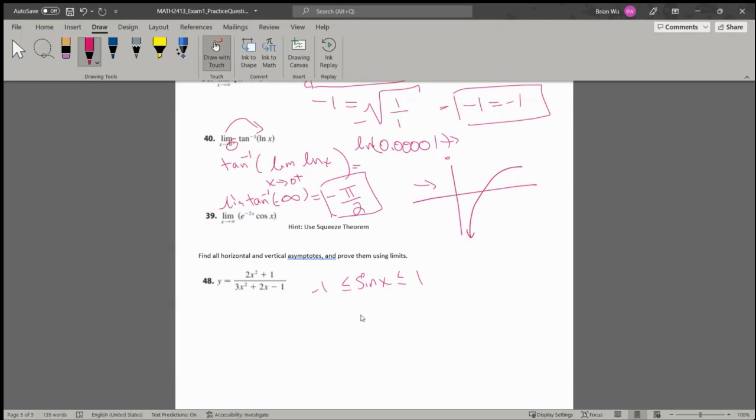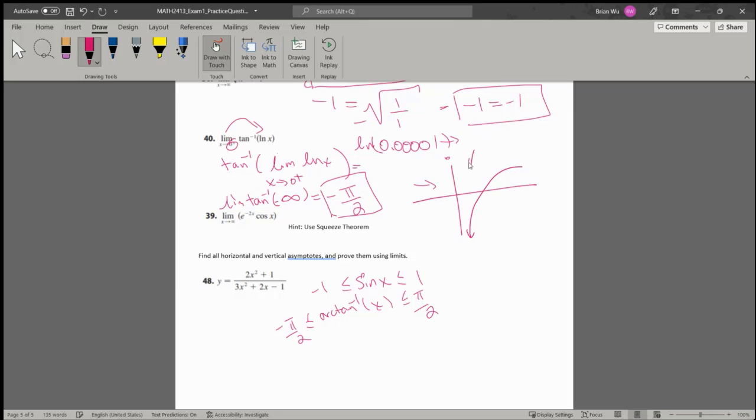I don't think you need to use those necessarily, but it might be helpful if you want to feel assured. Arctan, you do have to know that the limits or the horizontal asymptotes of those are between negative pi over 2 and pi over 2, because if you take the limit, it would be one of these, just as we did before.